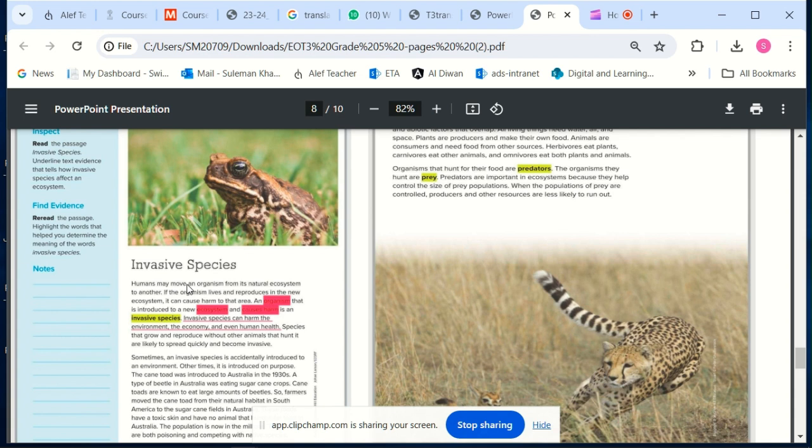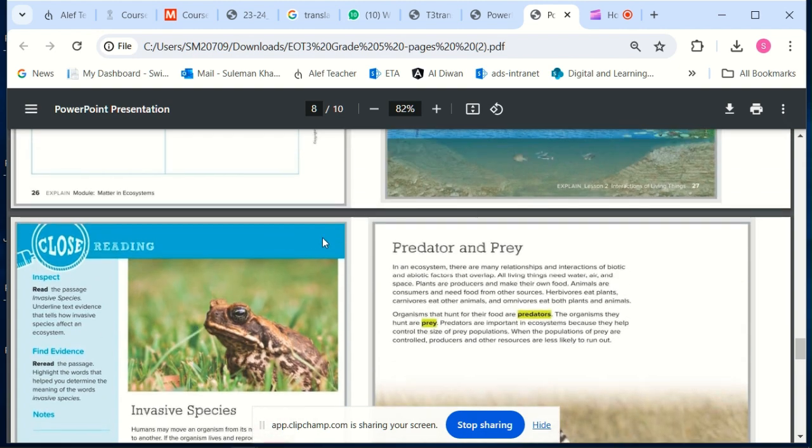This is bad because the new حيوان you bring will take the food from the local حيوان, and they will spread quickly, fast, and they will take the food. And sometimes they will bring new disease and make the local حيوان sick, مريض. So this is invasive species.